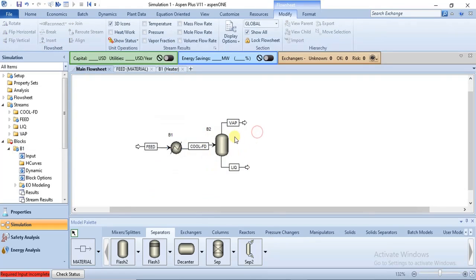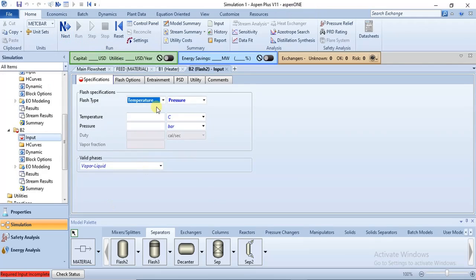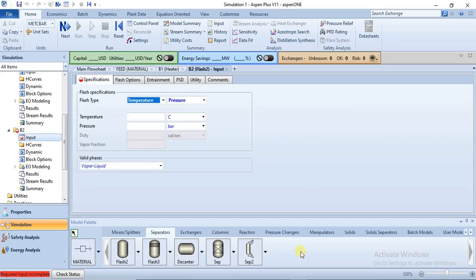Then the next thing is to specify this two-phase separator. I can click on next and it takes me to the two-phase separator where I can specify temperature and pressure. From the problem statement, the feed stream is cooled to 5 degrees Celsius with 0 pressure drop across a cooler, before being flashed at 0 duty and 0 pressure drop across a flash tank. So here we are specifying duty, so we can change this flash type to duty. Duty is 0 as well.